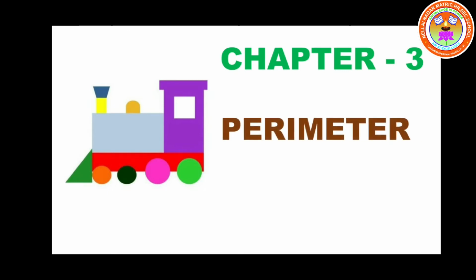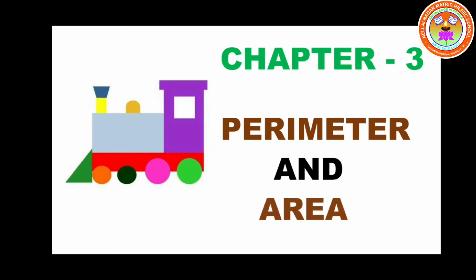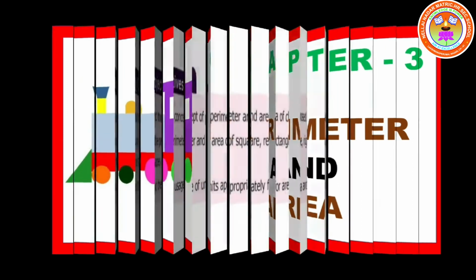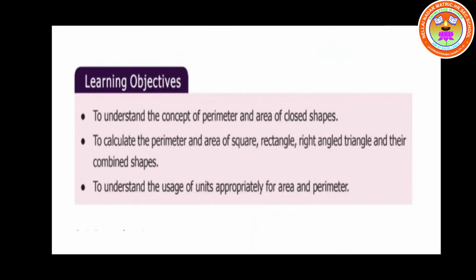Perimeter and Area. Okay, so today's session we are going to go through perimeter and area. Let us see what the learning objectives under this chapter are first. To understand the concept of perimeter and area of closed shapes.